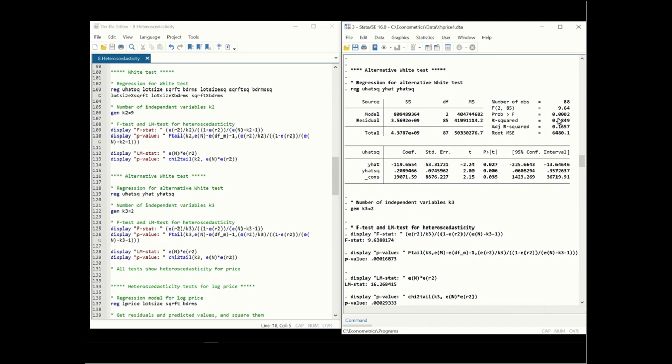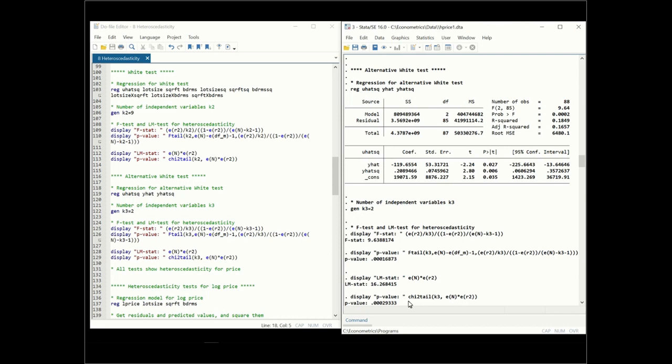And if you look at the F statistic and the p-value, we have an overall significance for this regression, and the R-square is 0.18. So we would be using the R-square times N, which is 88. This will be the LM statistic, and that's the p-value for the LM statistic.